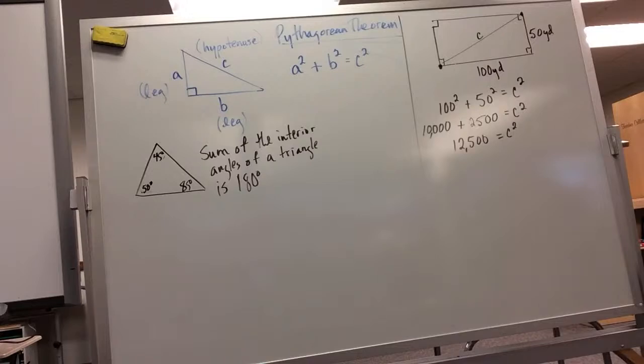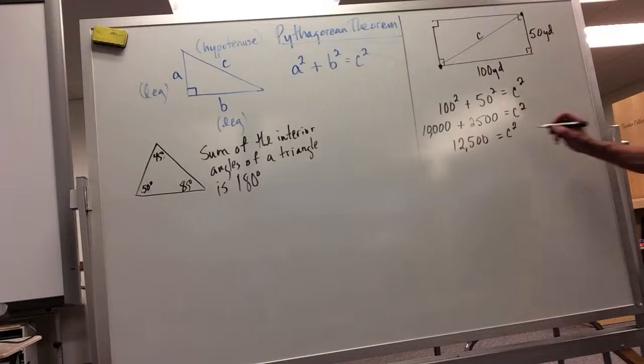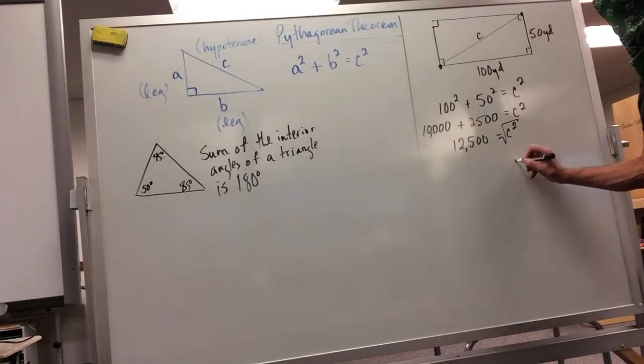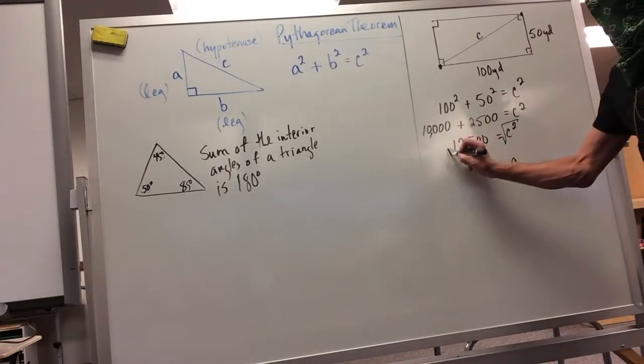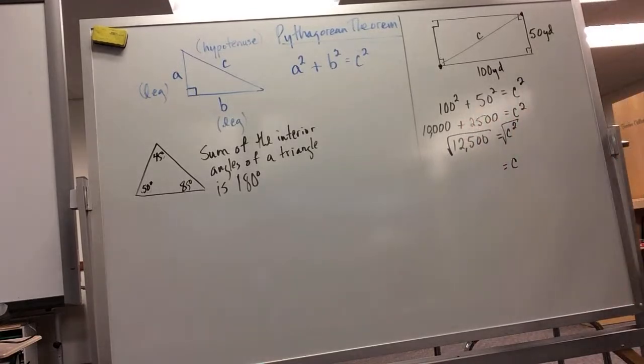You're close, Clover. What did you say? Find it by square root. You find it by finding the square root. Because the square root of C squared is C. Therefore, we have to find the square root of 12,500. So reach for your calculator. Go, go, go. Unless you can do that one in your head. I'm not doing that in my head.